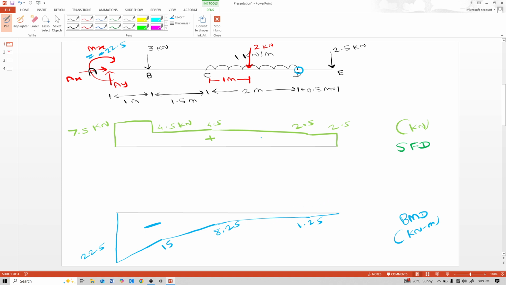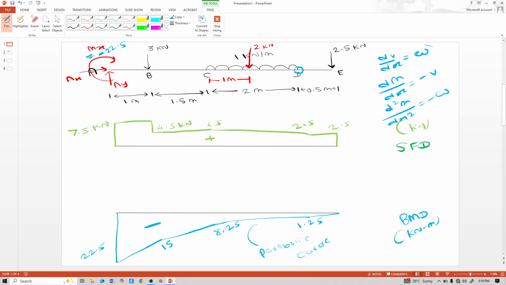And here between C to D portion, this is a parabolic curve. See, dV by dx is equal to minus w, that means loading. dM by dx is equal to minus V, that means shear, and d square M by dx square is equal to minus w.